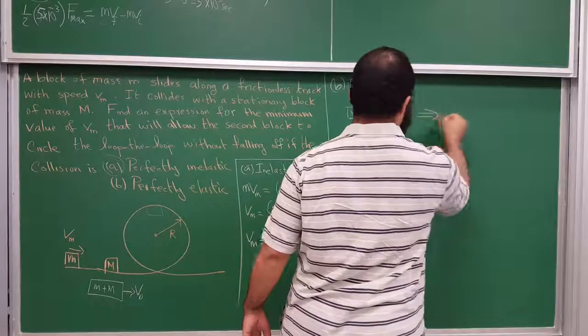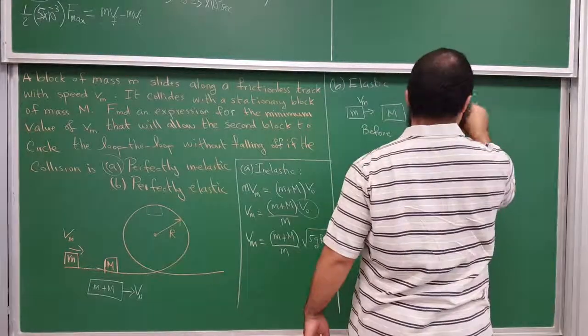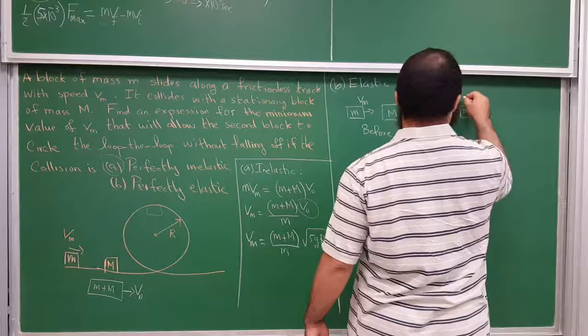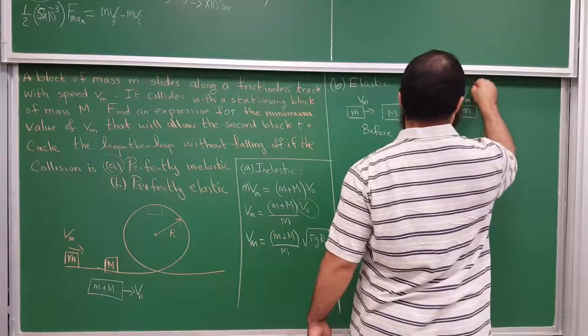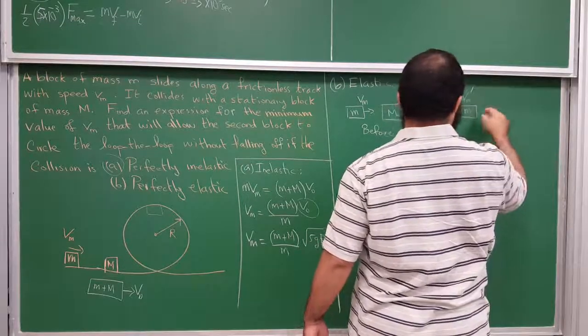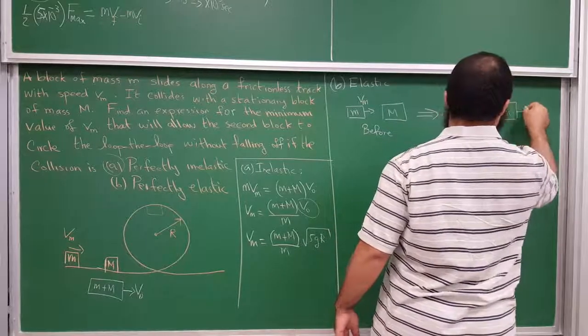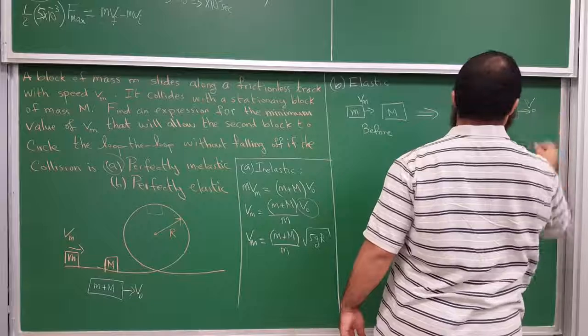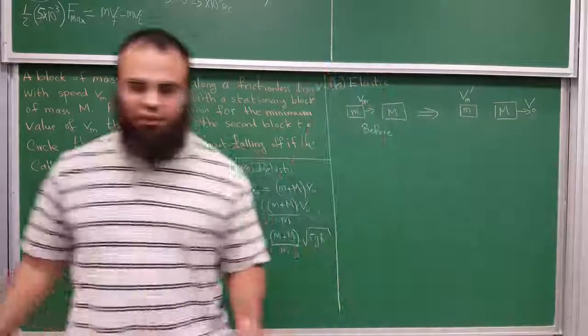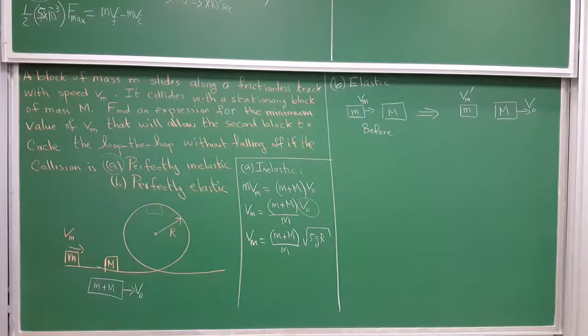After the collision, you will have little m here with speed Vm prime, and this one will have some speed, I will call it V initial. We have formulas for those. We use conservation of energy and conservation of momentum to derive them. I will write them down on the board.